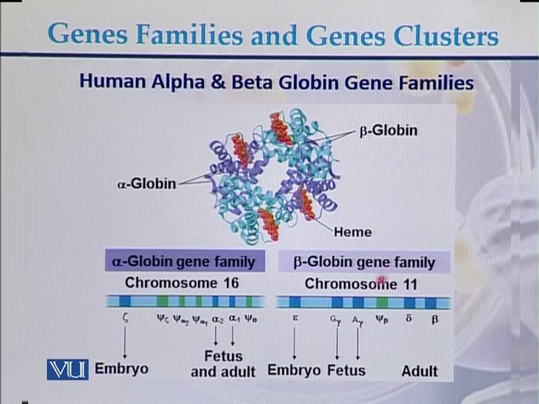The beta globin gene family is found on chromosome 11. Here we can see all the members of this family. So this is the second example of a gene family, where alpha is found on chromosome 16 while beta globin is found on chromosome 11.